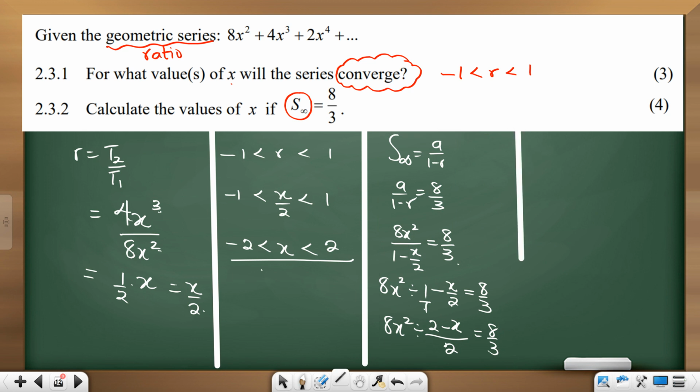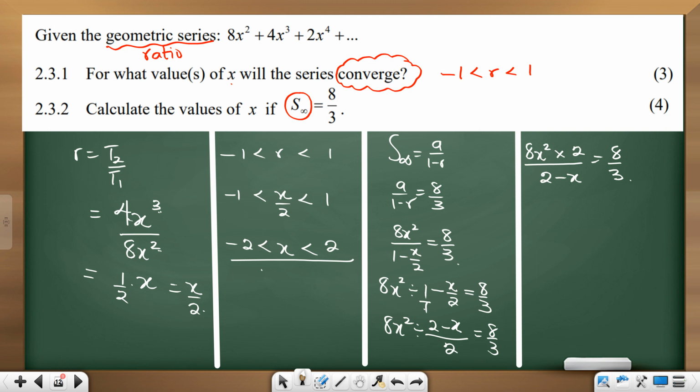So 8x squared times 2 over 2 minus x equals 8 over 3. Are you okay with my over? Please don't cancel. Why can't we cancel? Because it's 2 minus x.